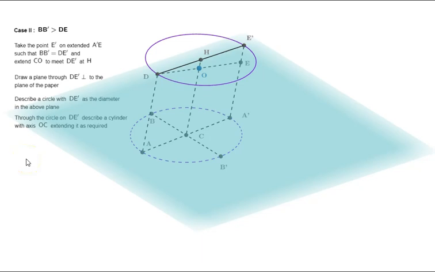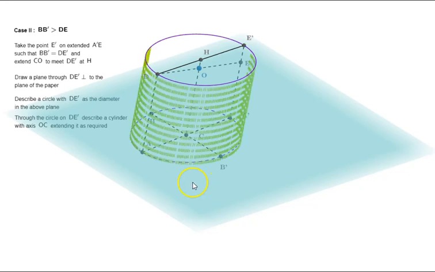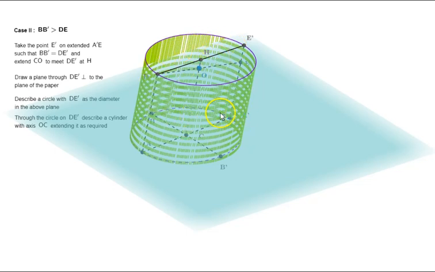Again, I can't really draw the cylinder itself, so what I'm going to do is generate it. So this is the required cylinder, and the surface of it passes through the circumference of the ellipse.